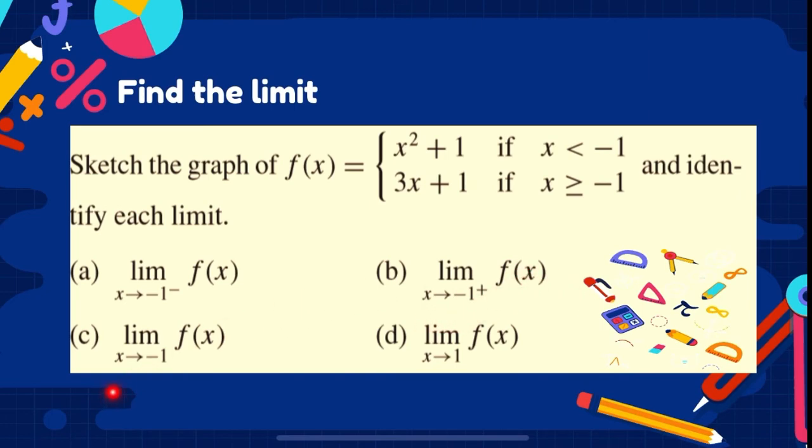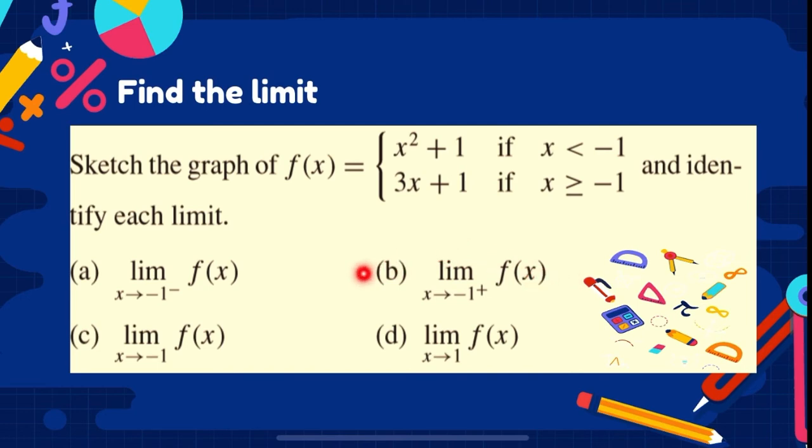Then here we have to find limit f of x when x approaches negative 1 exactly. So as I said, we look at negative 1 from the left side and right side and compare both answers. So limit f of x when x approaches negative 1 from the left side is 2, and from the right side is negative 2. So they're not the same, they're different. One is 2 and one is negative 2.